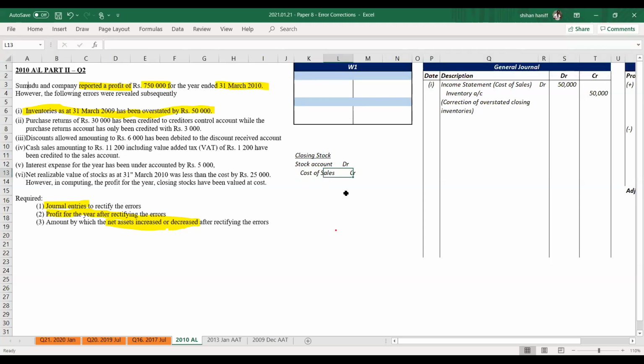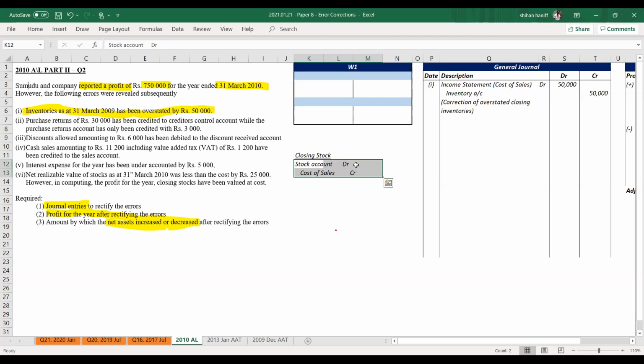So if this is overstated, we have to deduct from the stock, and also we have to deduct from the cost of sales. The entire double entry is wrong here, so that is why we don't need a suspense account.